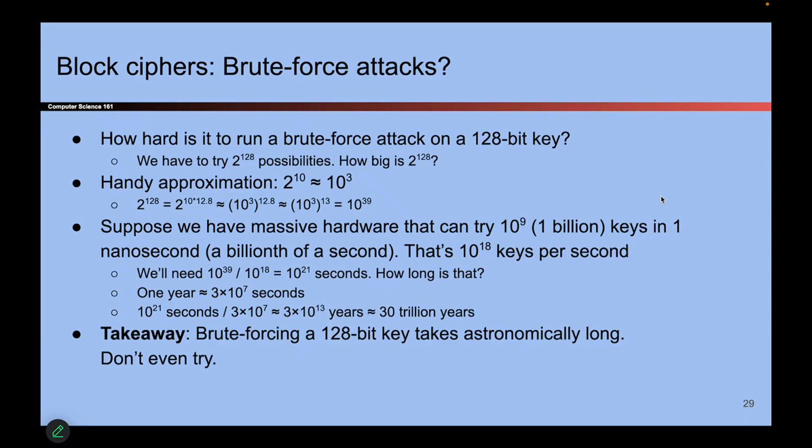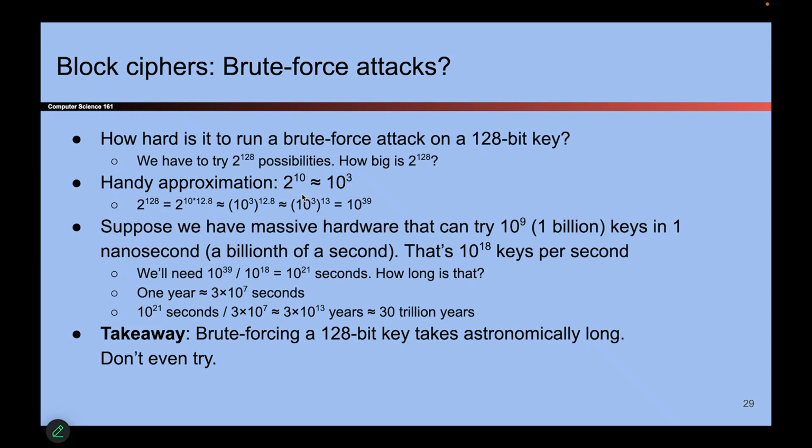You can try that. But if we have a key that's 128 bits, that's going to take you a long time. And I mean really, really long. So for example, if we have a 128-bit key, that means that we need 2 to the 128 different possibilities, that's a really, really big number.